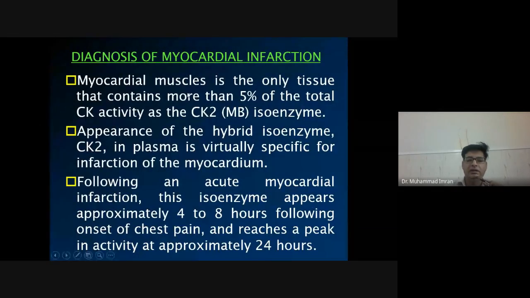So during myocardial infarction, we can see CK2 level is increased after the onset of chest pain, after 4 to 8 hours of chest pain. It reaches a peak after 24 hours, and after 72 hours it comes down towards the normal level.